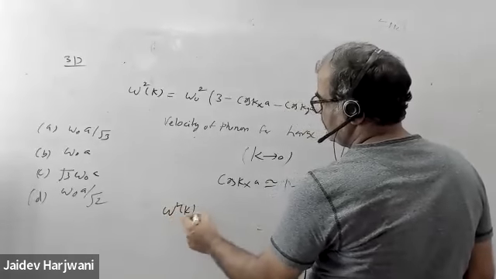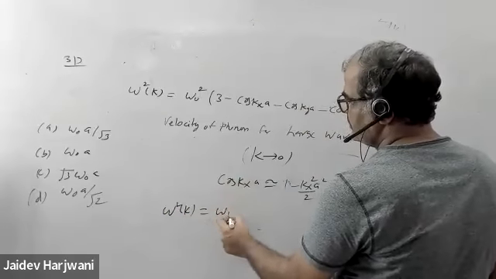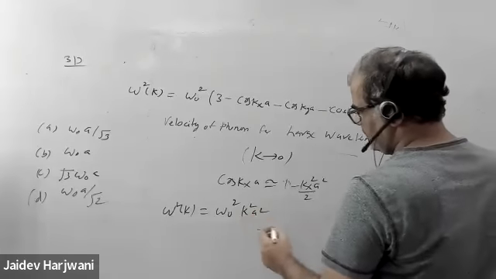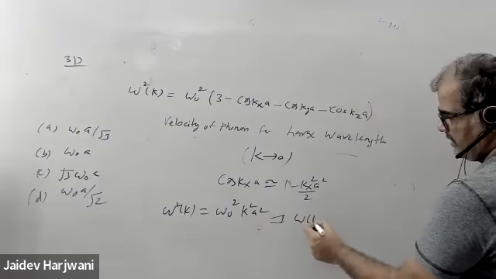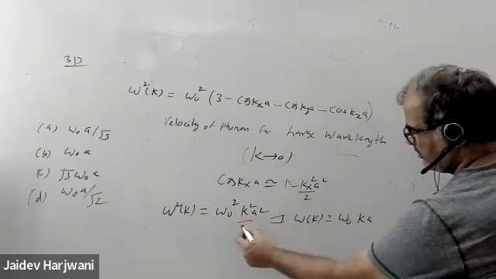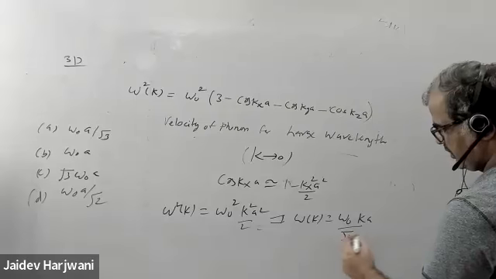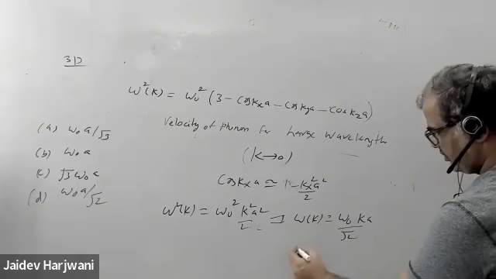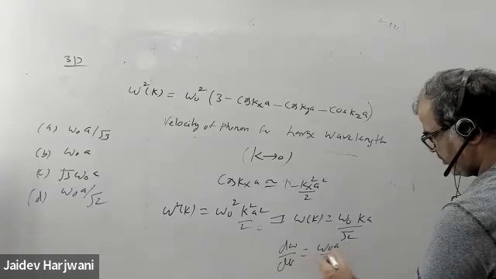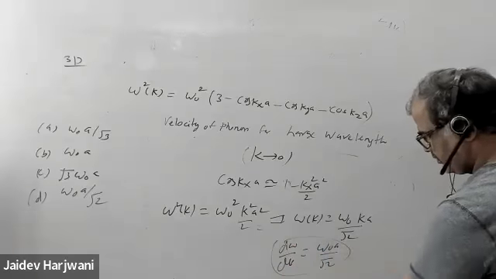Omega square of k, if you put this approximation, you get k square a square. So this implies omega of k is equal to omega naught k a by root 2. Okay, so if you take d omega by dk, there will be omega naught a upon root 2.